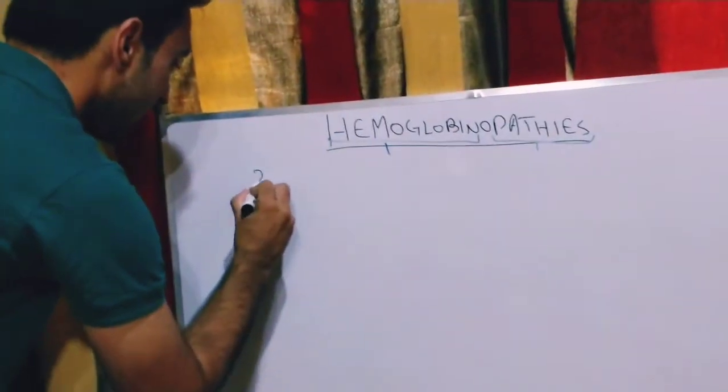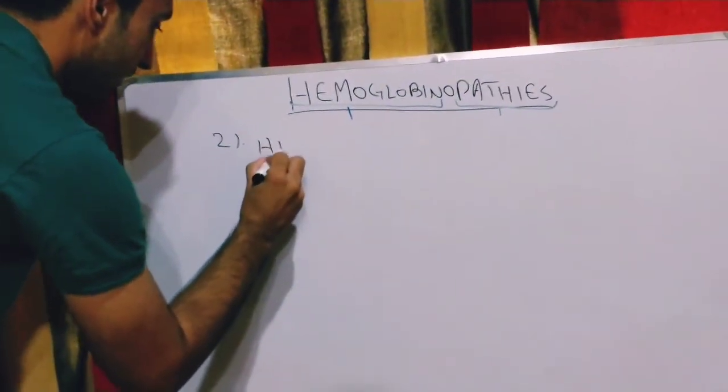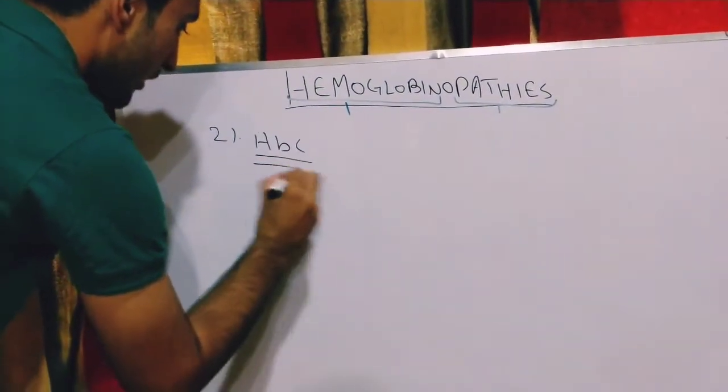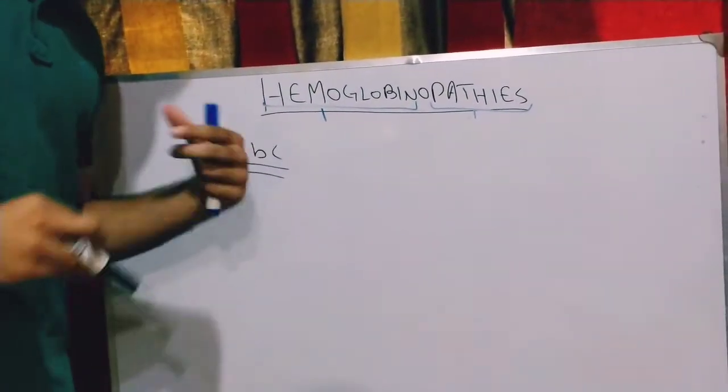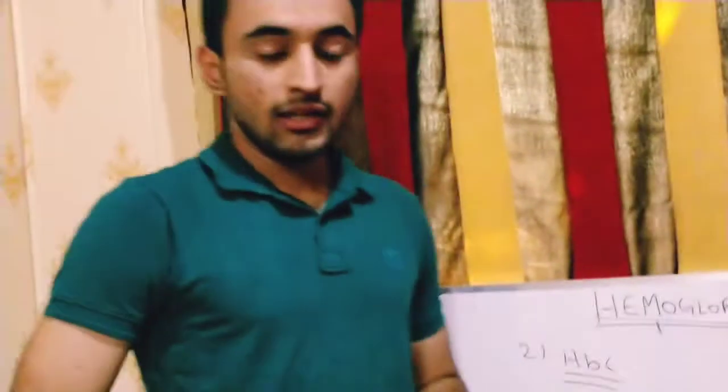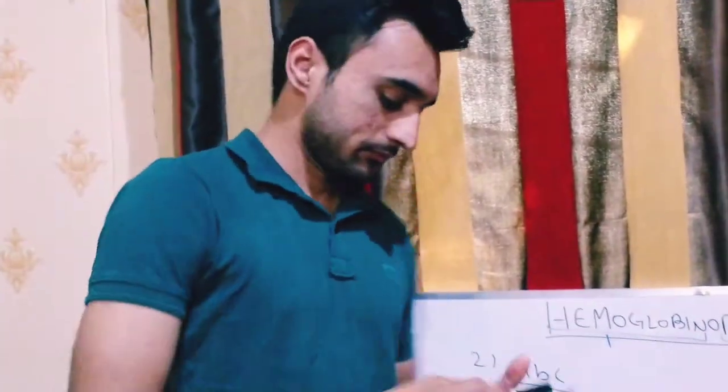The second type of the qualitative hemoglobinopathy is HbC disease. Now this HbC disease occurs due to the amino acid substitution in the sixth position of the beta globin gene, which causes the abnormality in the beta globin gene.